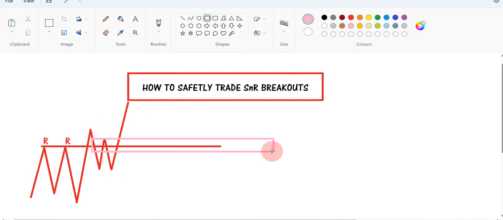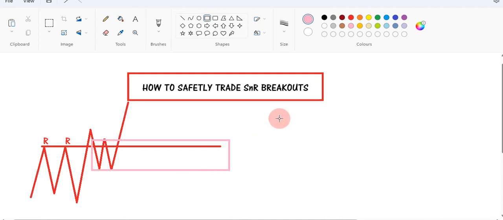And then I've got this base created around the breakout level. So this becomes your zone, but I'm still going to explain it. Okay, and then we also have this type of a breakout.